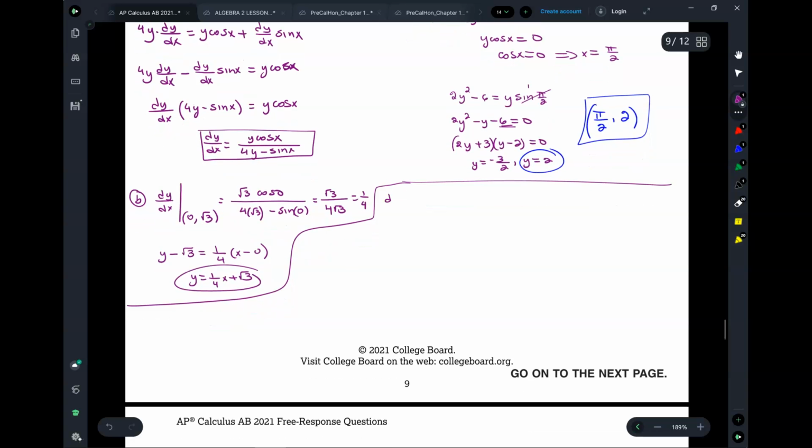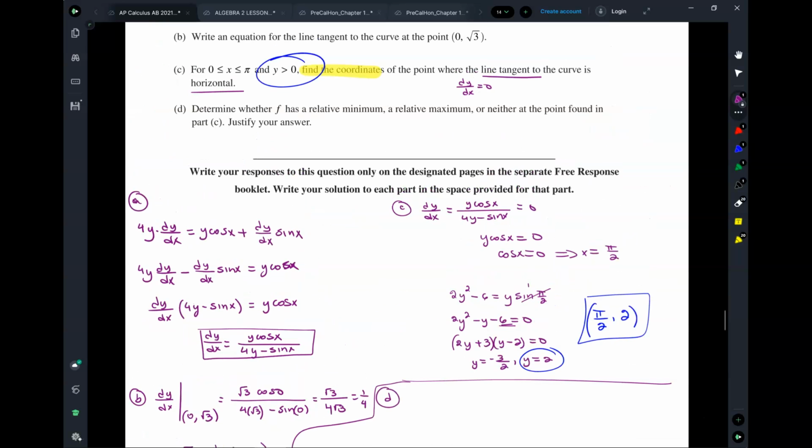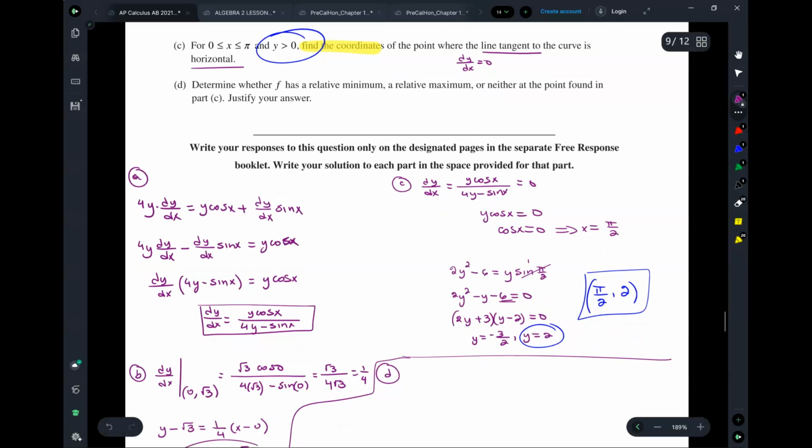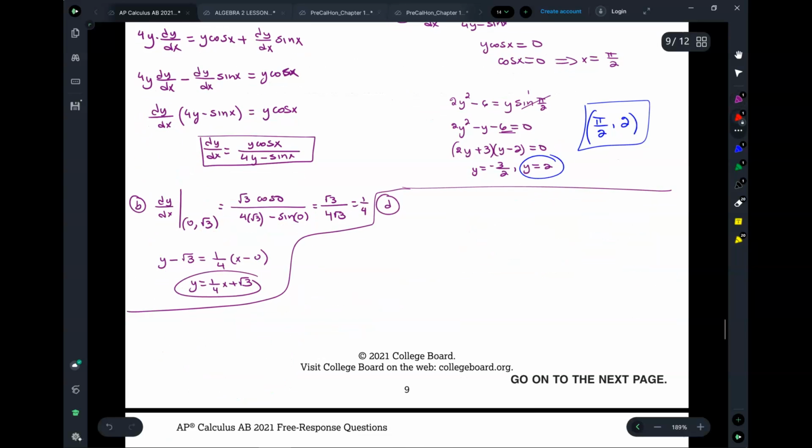Okay, so D. Determine whether f has a relative maximum, a relative minimum, or neither at the point found in part C. What is the point found in part C? This is where there is a horizontal tangent.